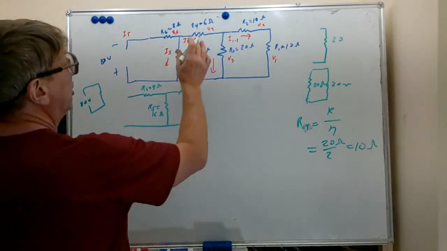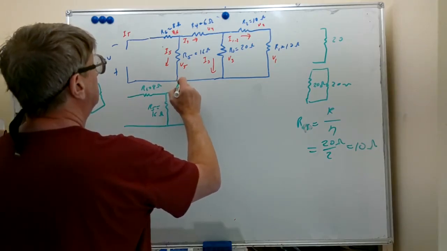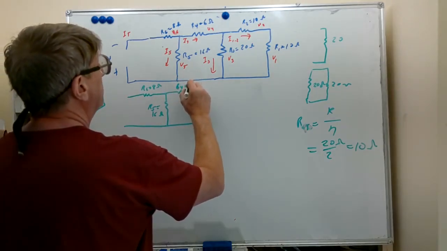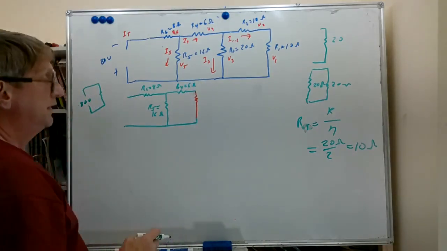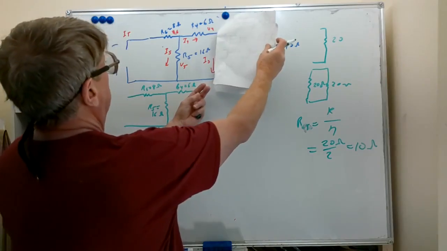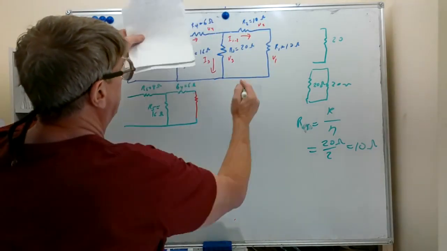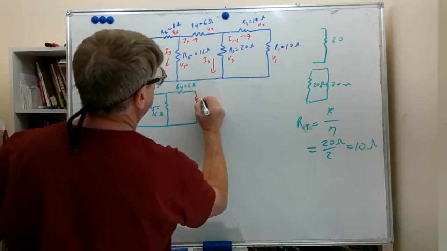We still have R4 equal to 6 ohms. And this thing here, you see that this piece here is the same as this here. But this particular piece has been replaced with a single resistor, which we found to be 10 ohms in value.